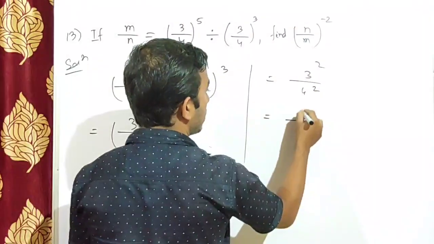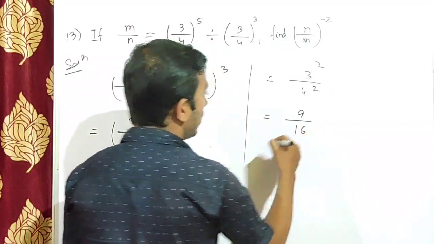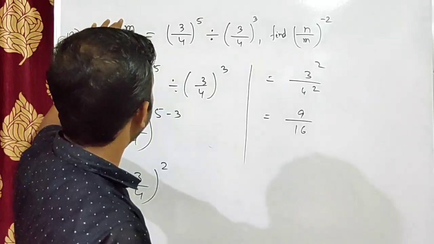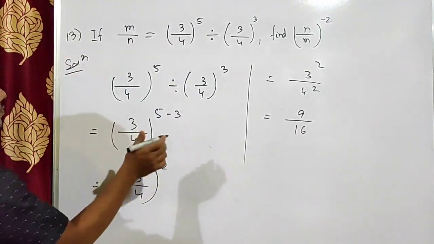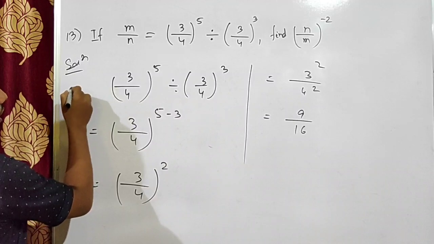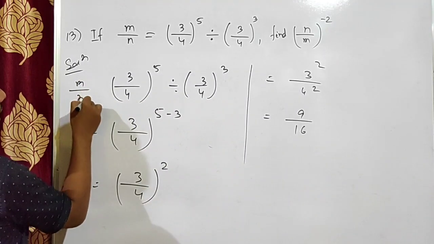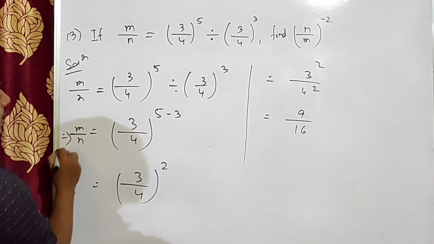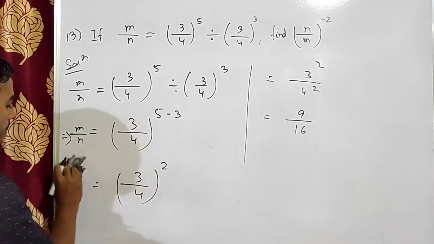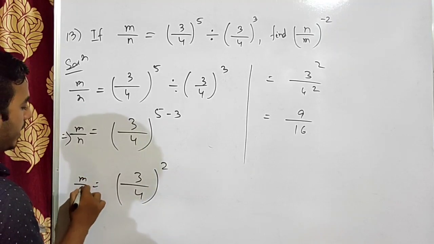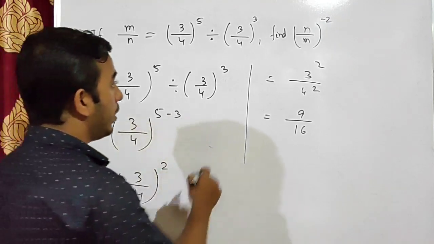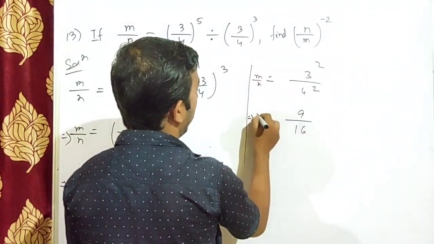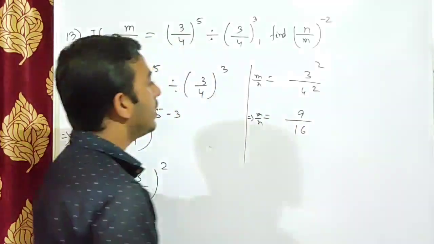Now 3 squared is 9, and 4 squared means 4 into 4, which is 16. So the value of m by n equals 9 by 16.